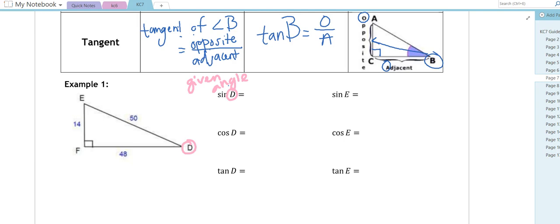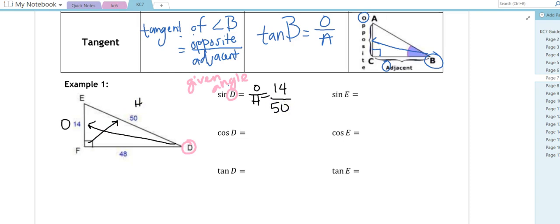So now when we set this up, sine was opposite over the hypotenuse. So from this angle, opposite from D is going to be 14, right? This is my opposite. Then my hypotenuse is always across from that 90-degree angle, and that's going to be 50.